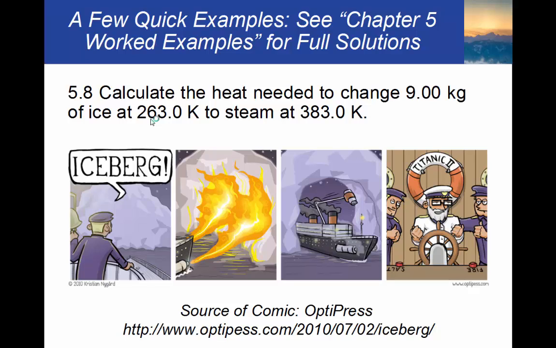Next, you have to boil the water, basically vaporize it at 100 degrees Celsius, and then you have vapor at 100 degrees Celsius, which you have to raise another 10 degrees to 110 degrees Celsius, which is equivalent to 383 Kelvin. So let's get to it.